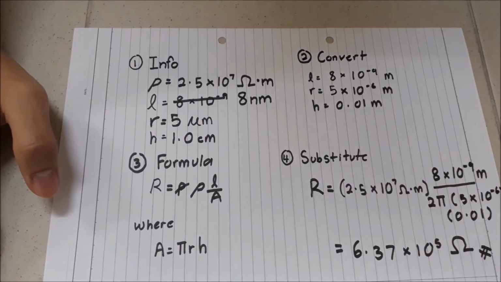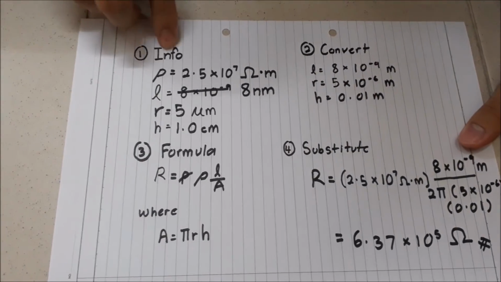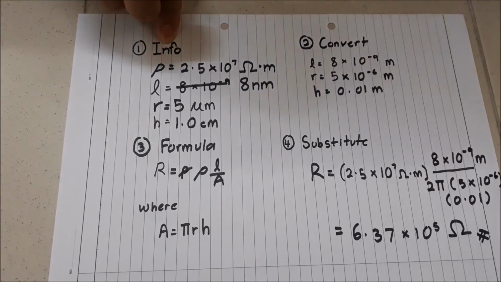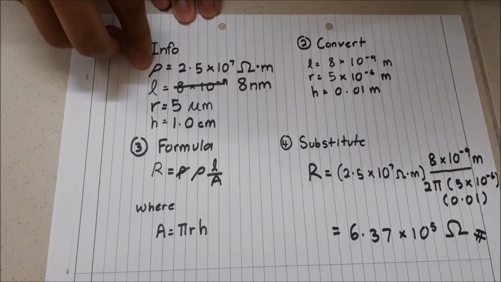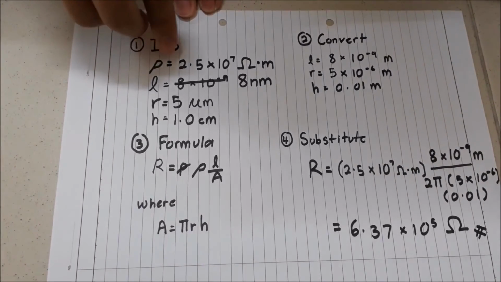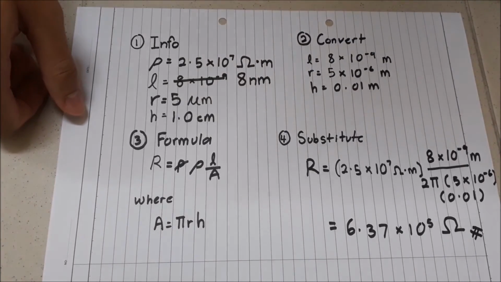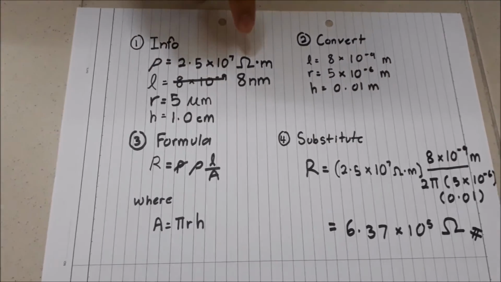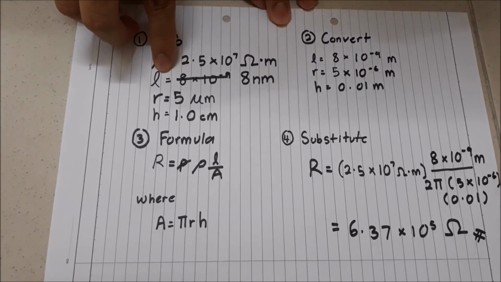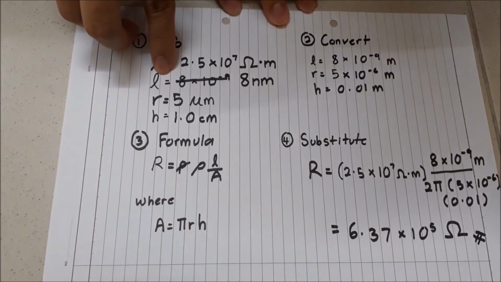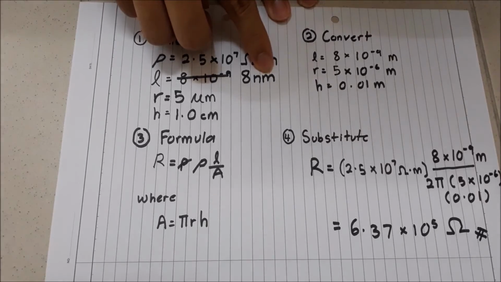And here is how I will answer the question. Like Lokman said, there are 4 steps, and the first step is extracting the info. The info given in the question: first is the resistivity of the porous membrane, which is 2.5 times 10 exponent 7. Here we have the length, which is the thickness of the membrane, 8 nanometer.